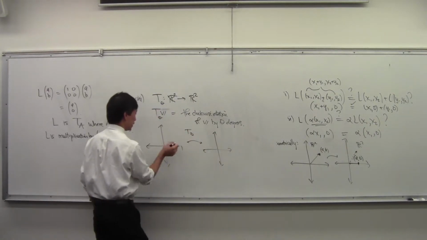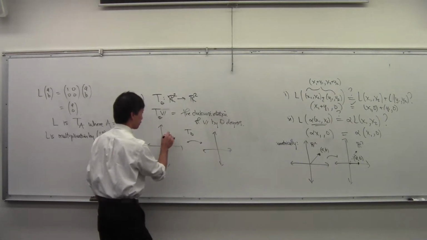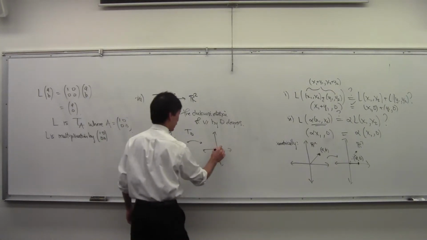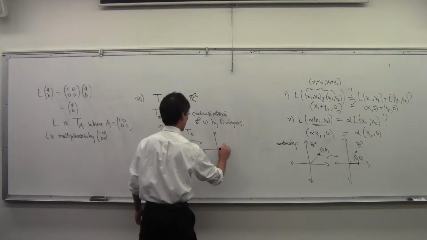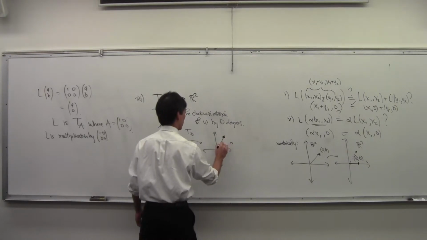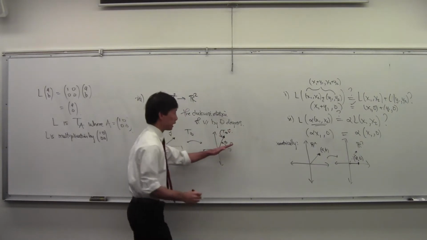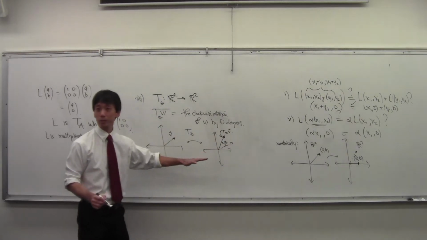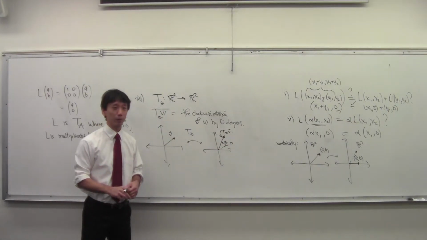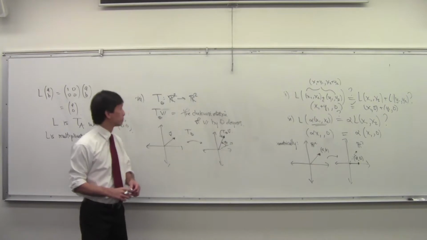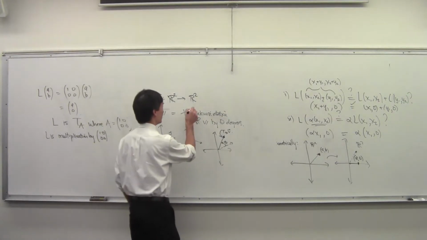What T theta does is it takes whatever vector you give it and rotates it. So here's the original V, and it's going to rotate it by theta degrees. This is T theta of V. So rotation by theta degrees, counterclockwise.